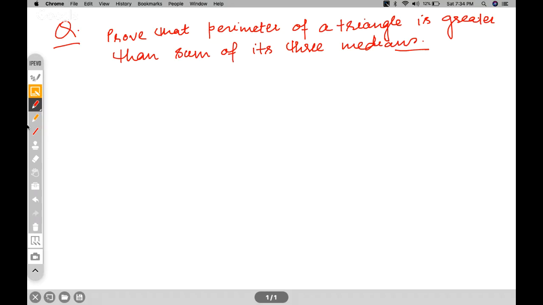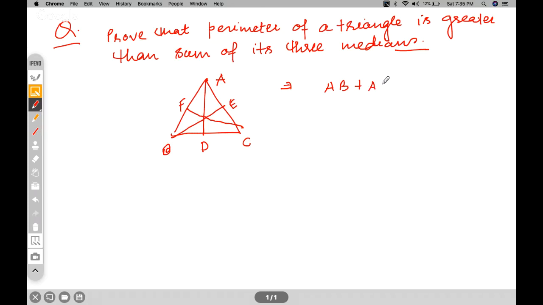Okay, so the idea over here is, suppose this is ABC and these are the medians. So this is D, this is E, this is F. AB plus AC are the two sides which are coming out from A. The sum of these two sides would be greater than the median which is being drawn from this vertex, which is 2AD.